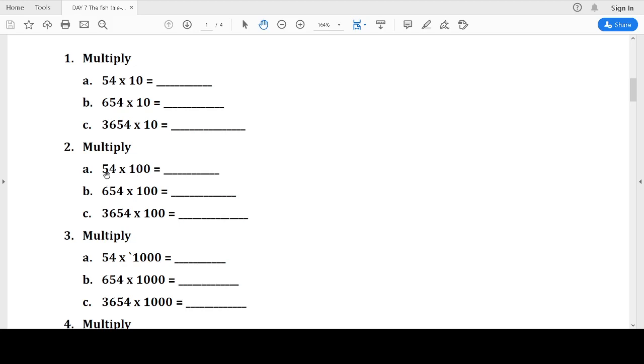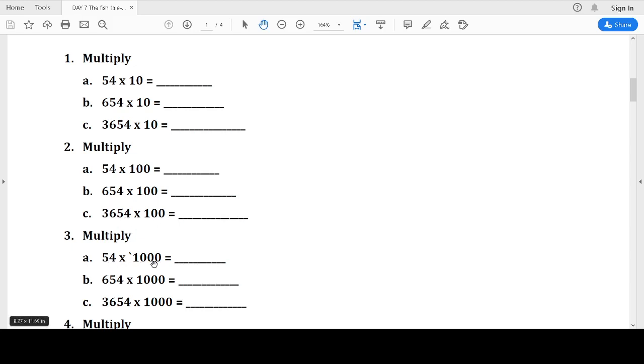Similarly, when we multiply by 100, what will the result be? Let us check. 54 into 100, we will write 54 followed by 2 zeros. So 5400. 654 into 100 makes 65,400. 3654 into 100 makes 3,65,400.